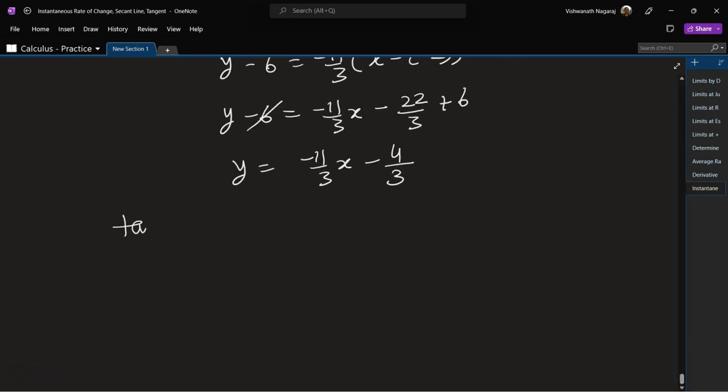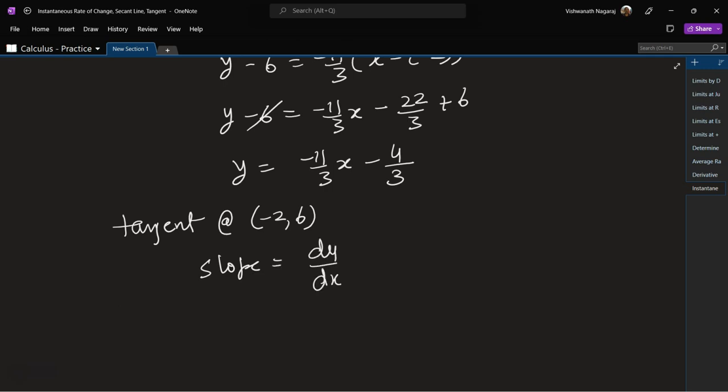Now what about tangent at minus 2 comma 6? So slope is equal to dy by dx, and dy by dx of x square plus 2 is 2x. Slope at x equal to minus 2 is 2 times minus 2, which is equal to minus 4.